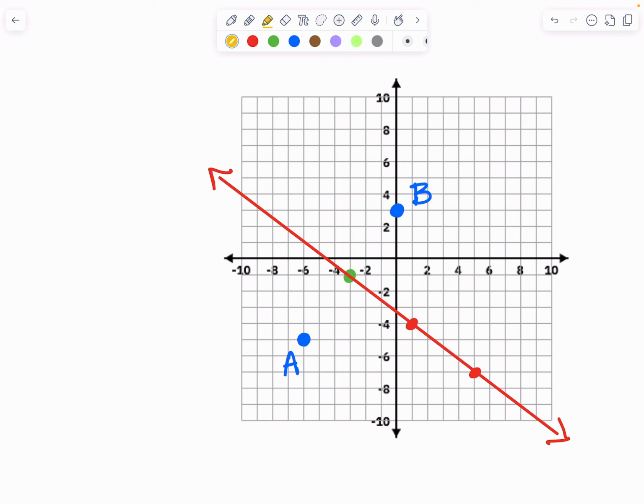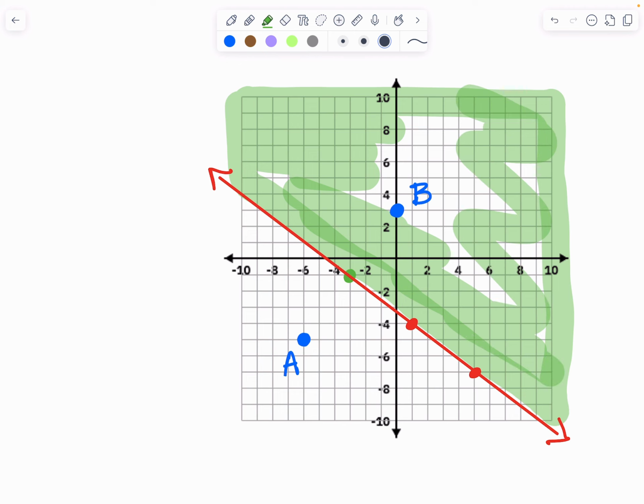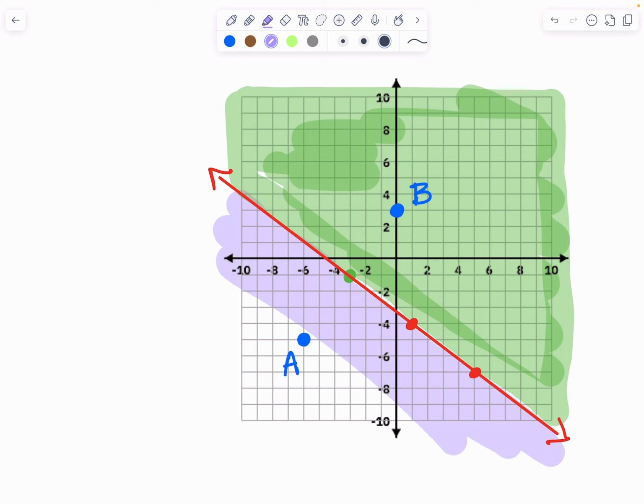So basically, if I wanted to color it and shade it, everything in this green side belongs over here, and everything in this purple region belongs over here.